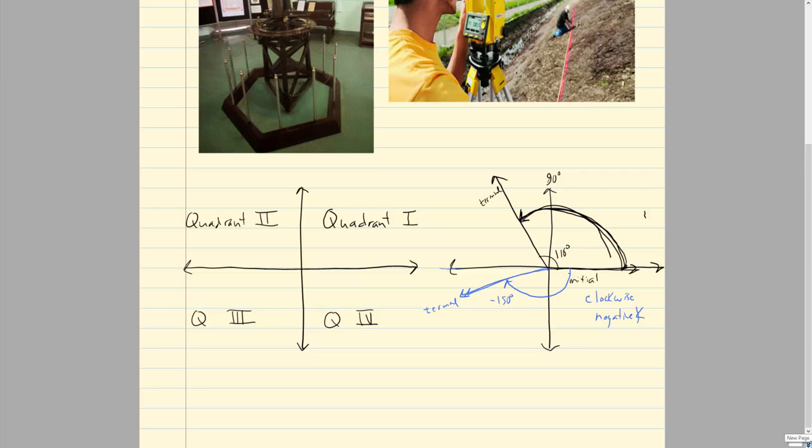A couple of other things to be aware of in our Cartesian coordinate system that we talk about are some common angle measures, which I'm sure that you know, but I want to review them real quick. So if we had an initial side of an angle and it never moved, that would be a 0 degree rotation. If it moved to the vertical here, that would be 90 degrees.